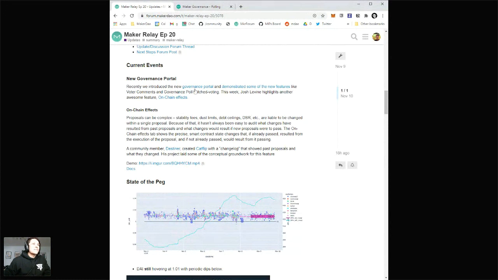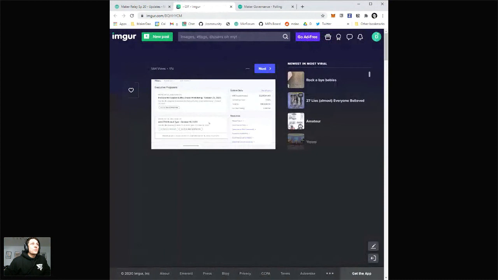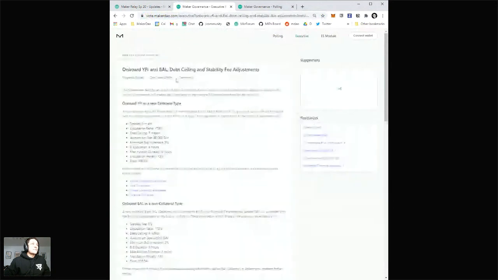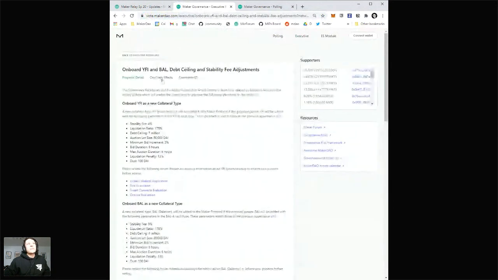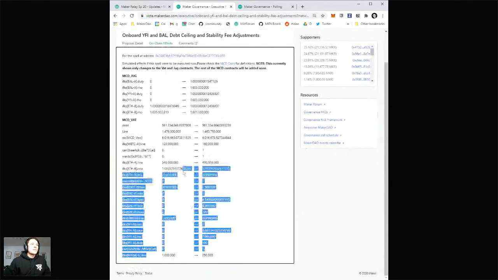And likewise, I guess I'll show you guys the demo here. Oh, that's super small. Never mind. So there is a really cool feature called on-chain effects. In executive proposals, you can click on this tab called on-chain effects, and it'll show you precisely what is being changed to what.